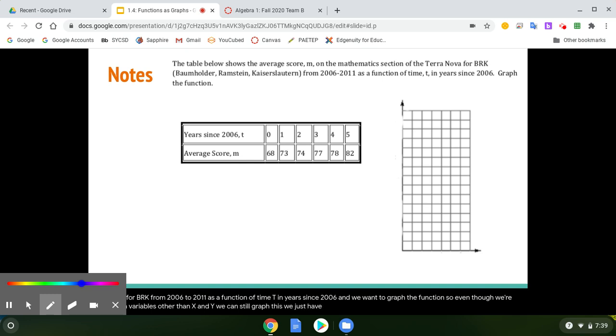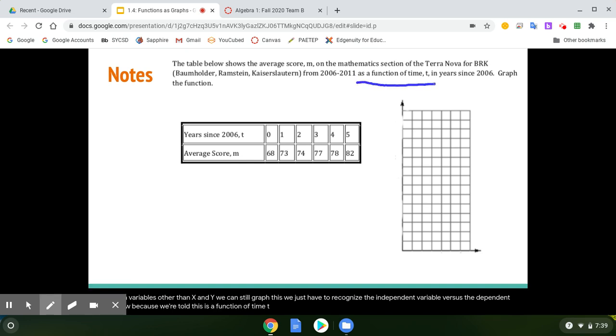We just have to recognize the independent variable versus the dependent variable. Now, because we're told this is a function of time t, that tells us t is the independent, so that is our x variable, meaning y is the average score or variable m.